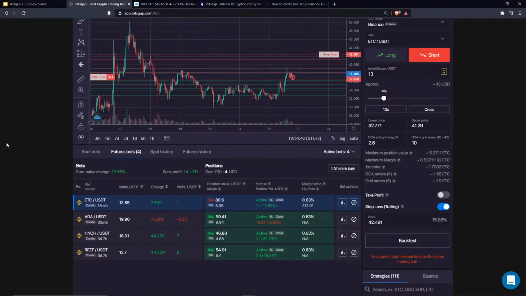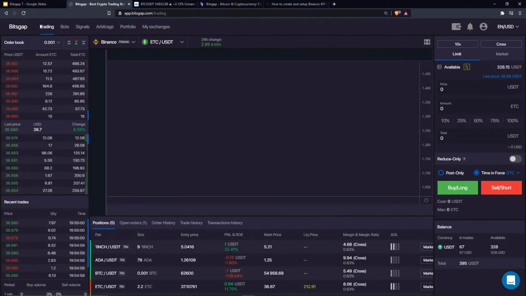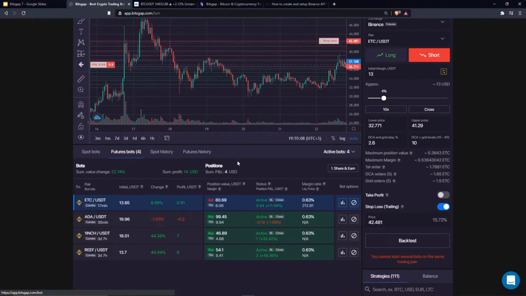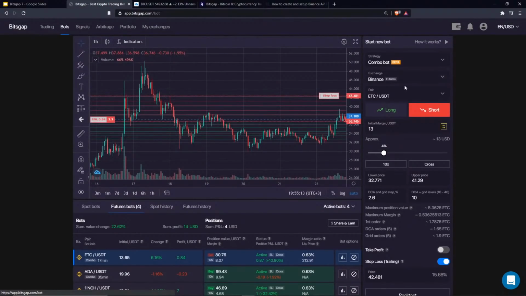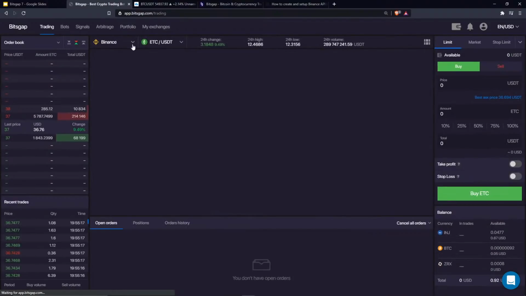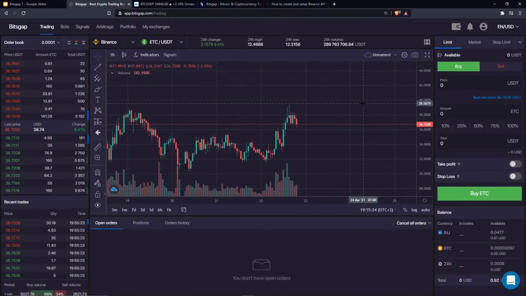So the thing is that Bitsgap is an all-in-one platform. So not only can you trade futures contracts manually, like here in the trading section, manual trade, but now you can also trade with the bot on the futures market. You can also set spot bots on the spot market, and you can also manually trade on the spot market. And by the way, don't forget about this useful thing that we have on the spot market trading.